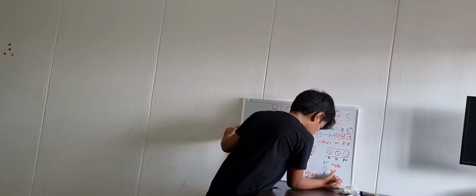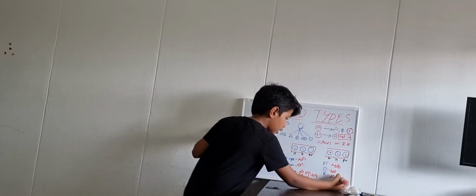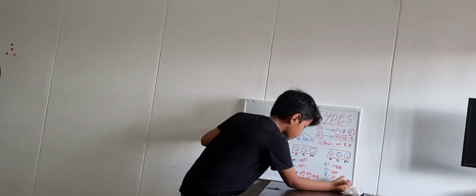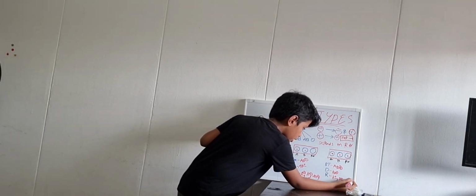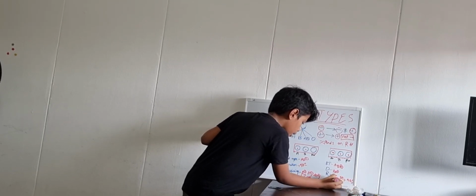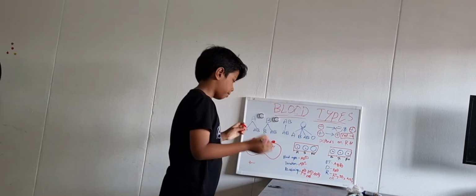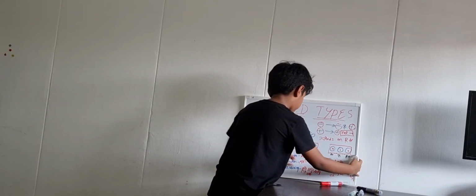That is A positive and negative, B positive and negative, AB positive and negative, and O positive and negative. Okay? Now, let me erase it.